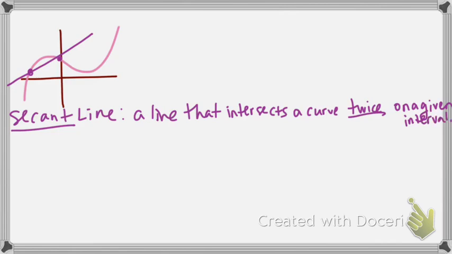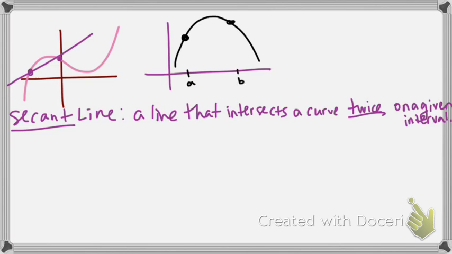Now, why would we need to use secant lines? Let's draw an exaggerated picture here so we can start to mark on it. Let me draw just an upside down parabola. Let's pick point A, point B. So let's call that x value A and that x value B. If I go through those 2 points with a line, a secant line, and I said, find the slope, do we know how to find the slope of that line?